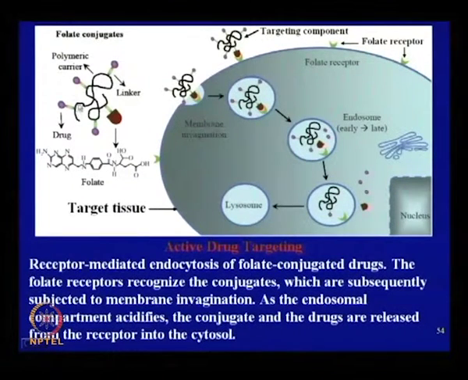You see, this is again a polymer molecule. Now, to this polymer molecule, drugs are attached through a linker. Suppose these are anti-cancer drugs.